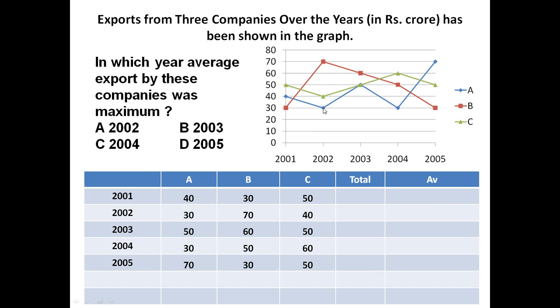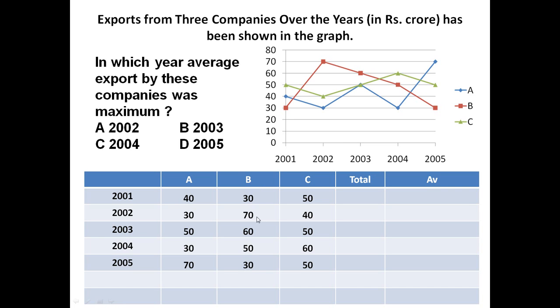This blue is representing company A. Company A is exporting in 2001 40 crores. Then export is 30 crores. Then it is 50 crores. Again it is 30 crores, and here it is 70 crores. Put this information here. Now if you see, export of company B is represented by red. It is 30 crores.